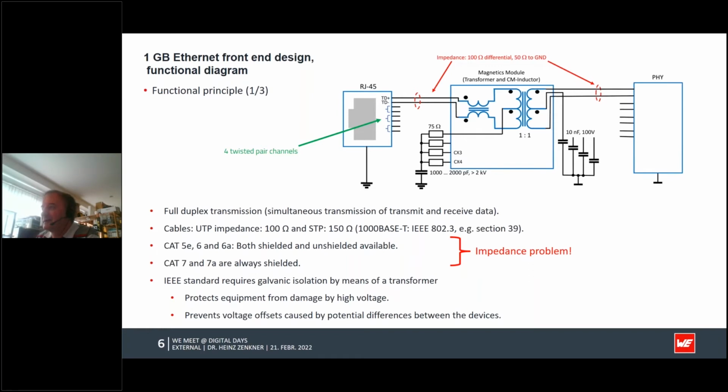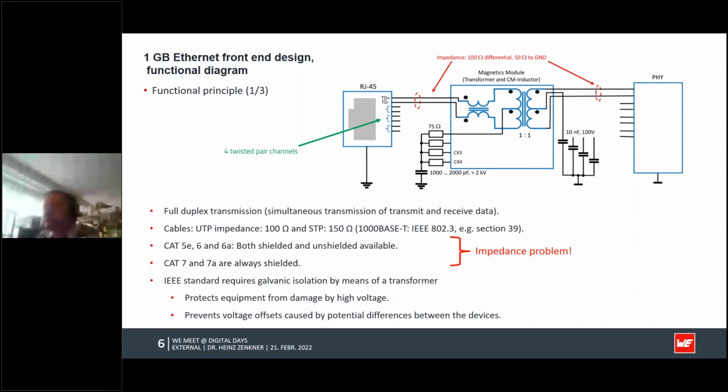And then if there is a galvanic isolation, this separates the PHY from your hub. And this also prevents voltage offsets caused, as I mentioned already, by potential differences between the devices, especially if there are long distances between.